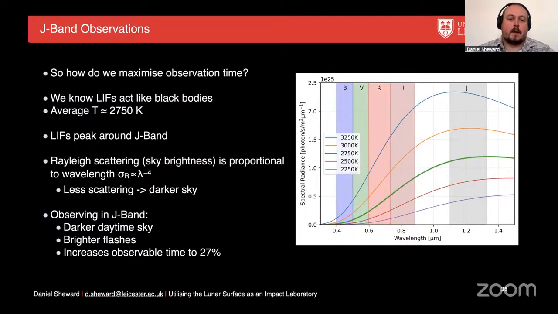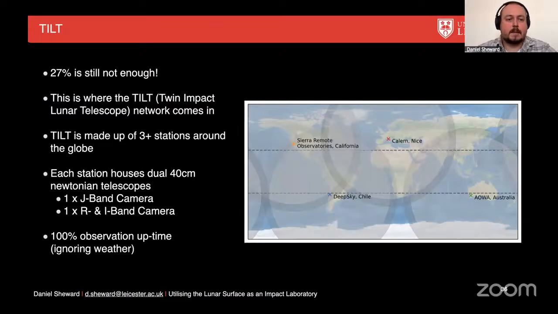So we have a project from the ERC now, the Lunar Flash project, to develop the TILT network, Twin Impact Lunar Telescope, which is made up of at least 3 stations around the globe. Whether we get some more is money dependent. And basically each station will house dual 40 centimeter Newtonian telescopes, each with 1 J-band camera and 1 R or I band camera.